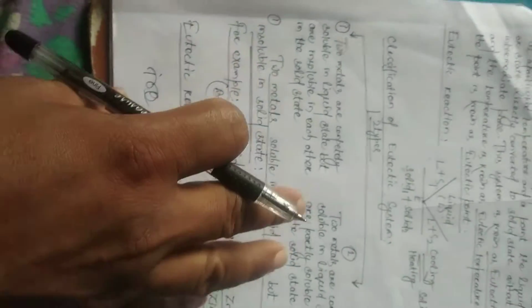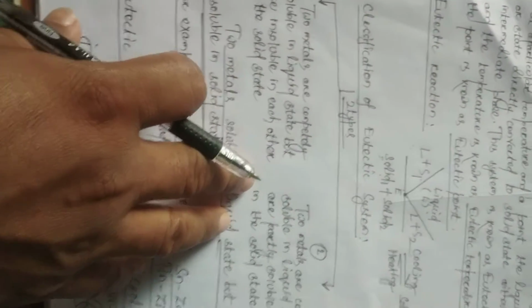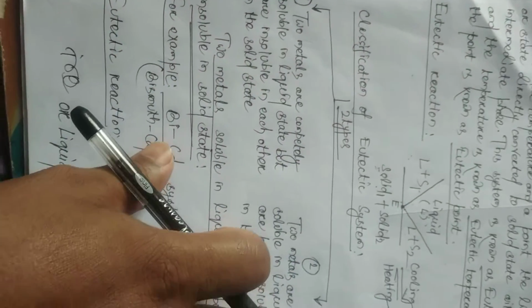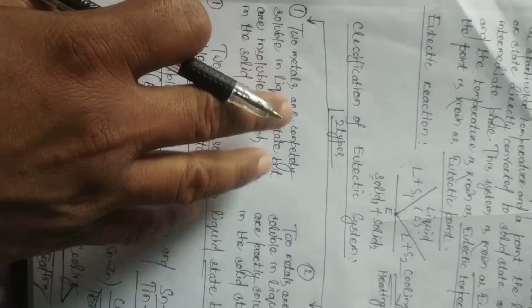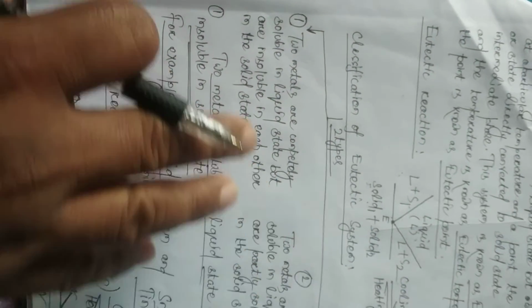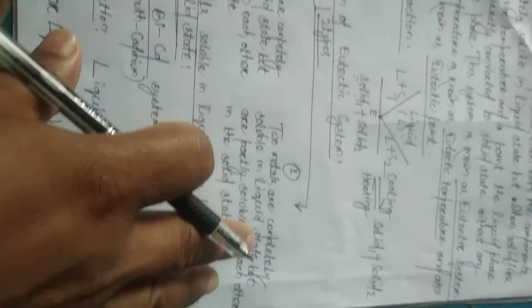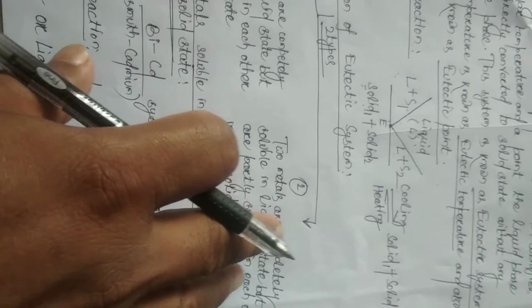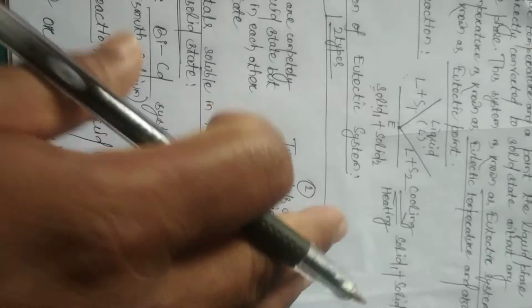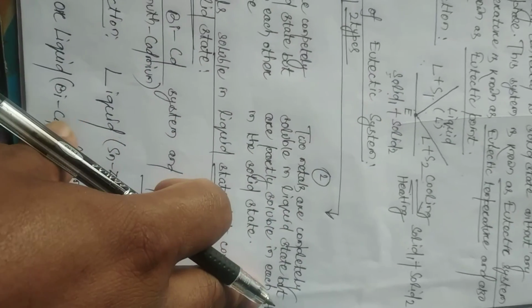Now come to the classification of the eutectic system. The eutectic system is classified into two types. One is completely soluble in the liquid state but insoluble in the solid state. The second is when the two metals are soluble in the liquid state but partially soluble in the solid state.